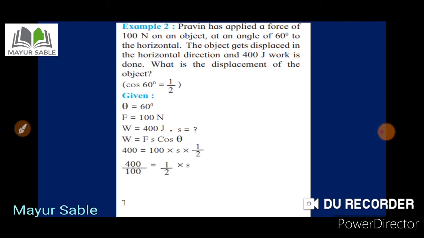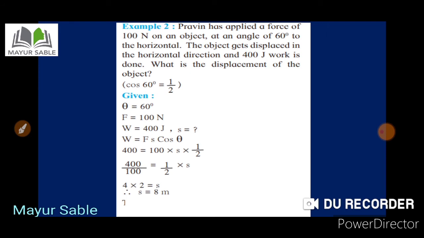So by calculating, the 100 changes side, therefore it was multiplying on the right hand side, so now it is going to divide on the left hand side. So 400 by 100 is equal to 1 by 2 into S. So now we get 4 multiplied by 2. Why multiplied by 2?